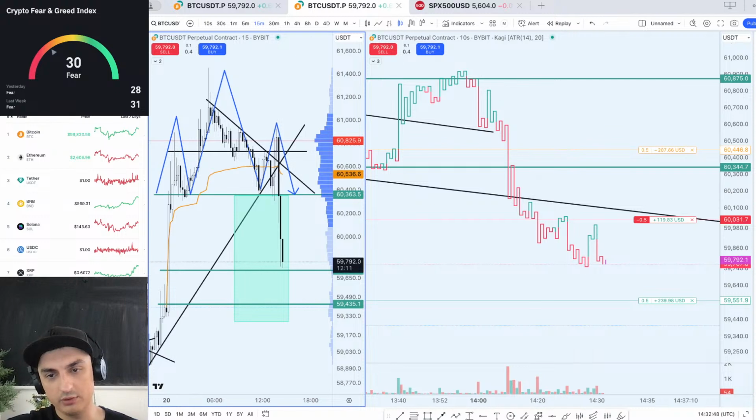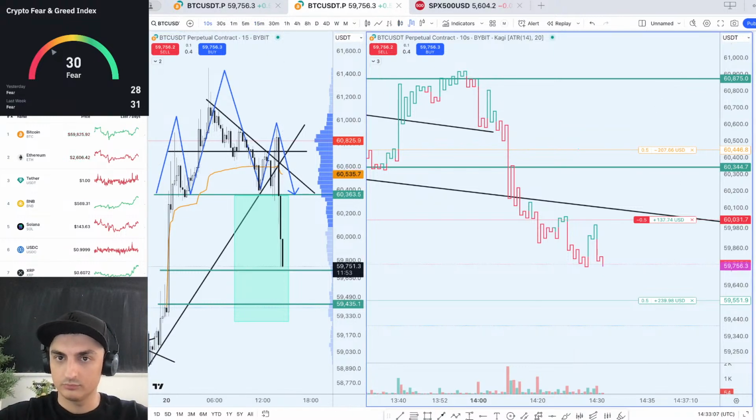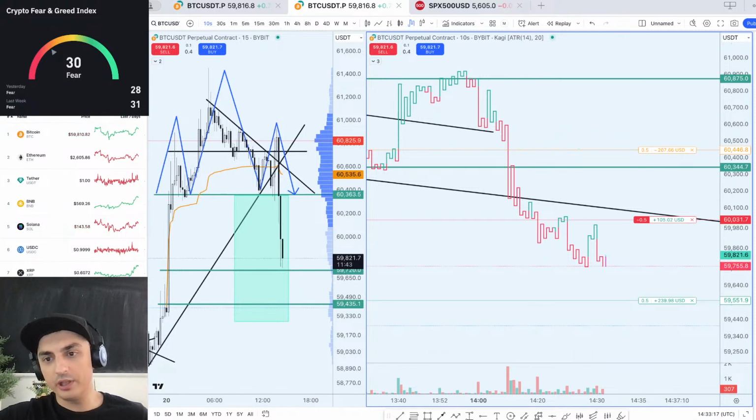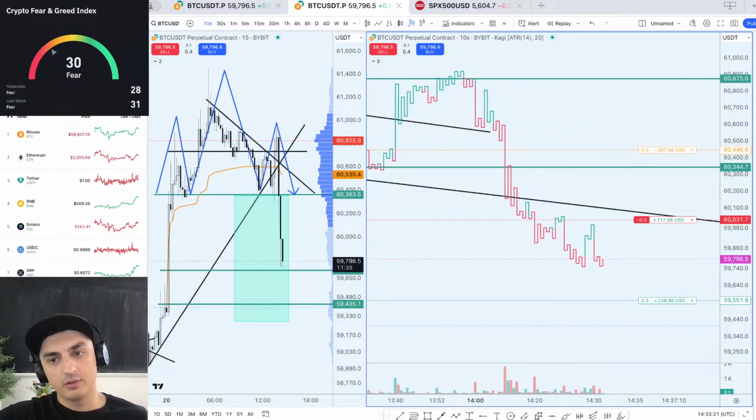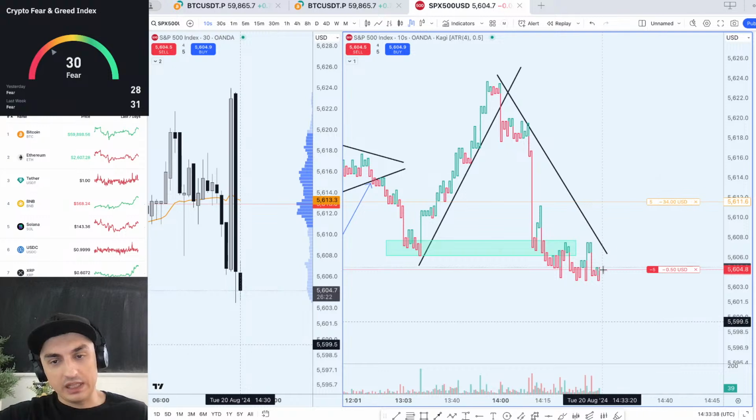Got a new daily low over here. 750s once again, 740s. Now it's pushing to the upside here.